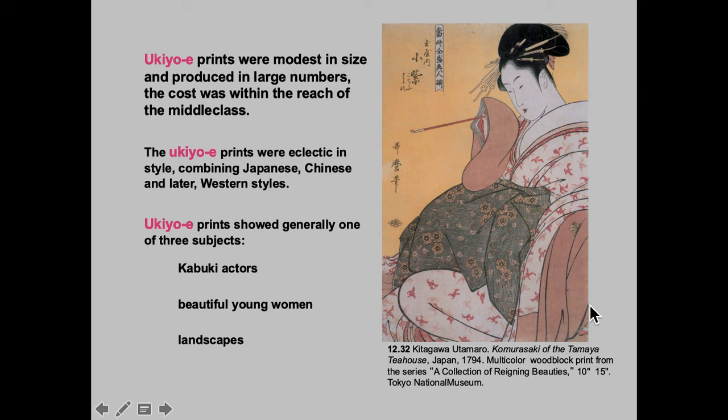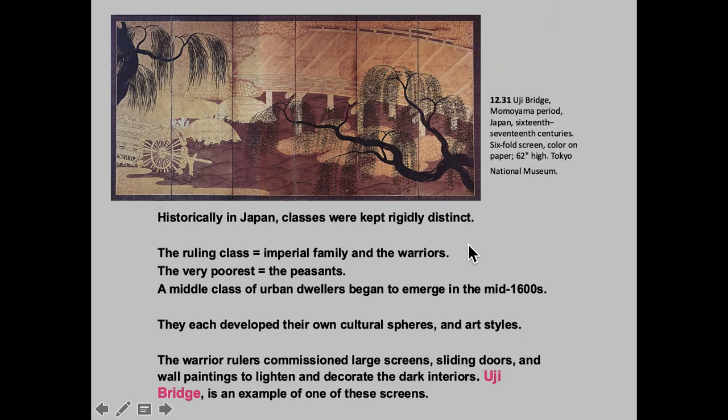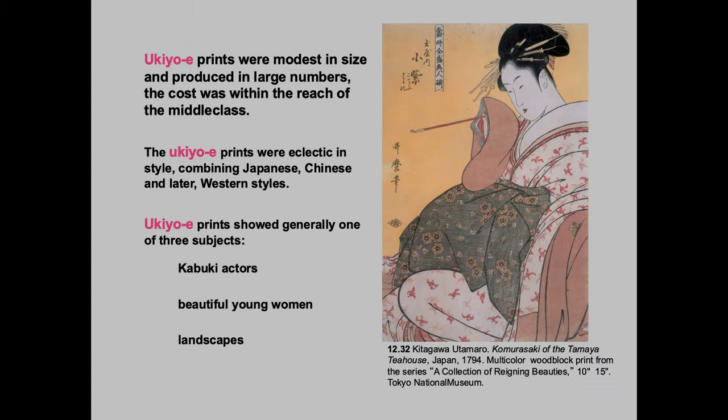Now we look at this now, and there isn't really much to distinguish stylistically. There's some differences, but I would say this is a pretty stunningly gorgeous image, and it looks very refined to me. But it's a woodblock print, so it can be made into multiple copies.